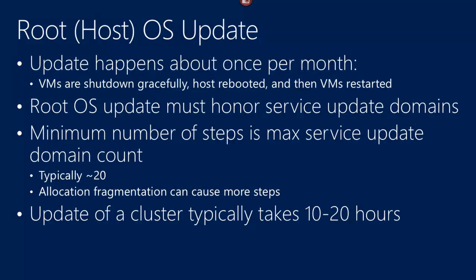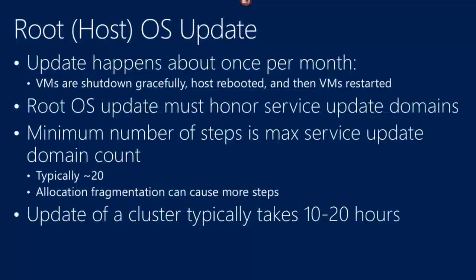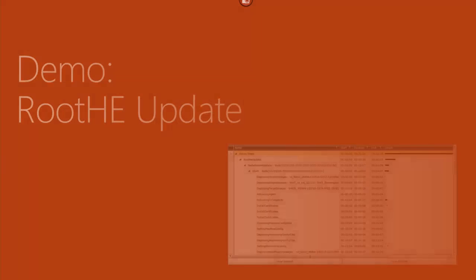This causes us, through a cluster of 1,000 servers, to take about 20 batches to do an update, 20 to 25 to 30, depending on the topology of applications and how fragmented the UDs have gotten on those servers. And each slice takes about 20 to 30 minutes. And so it can take us 10 to 20 hours to roll an update out through a data center, through a cluster. I've got an example here of a march.